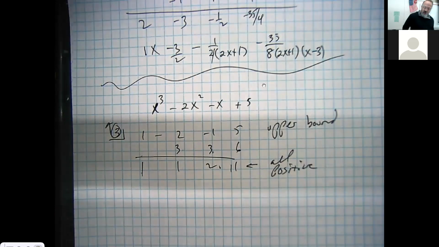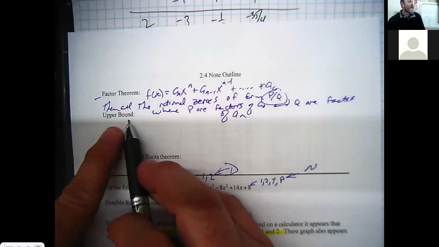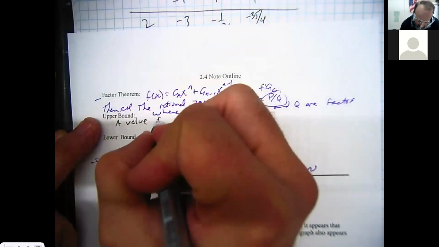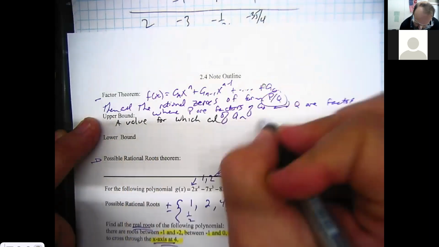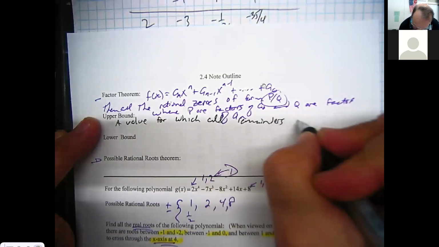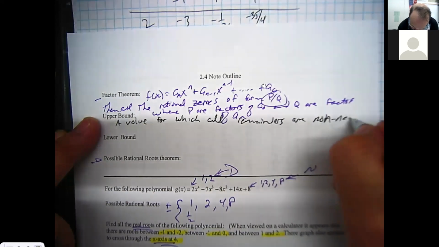And so that actually takes me back to this thing right here. An upper bound for a polynomial is a value for which all remainders are non-negative.